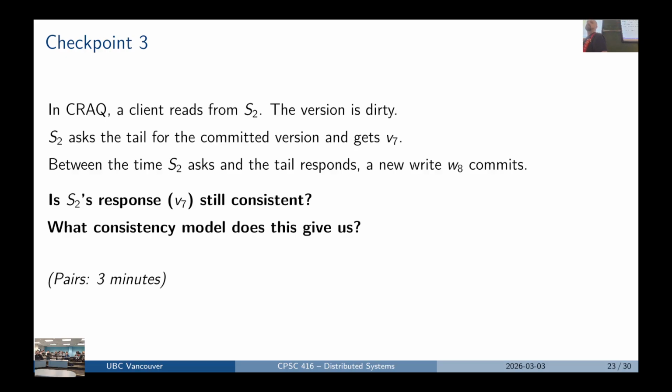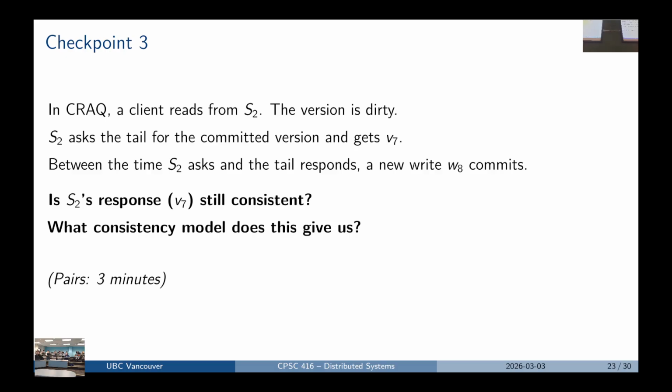So, is S2's response consistent? Yes? Why?